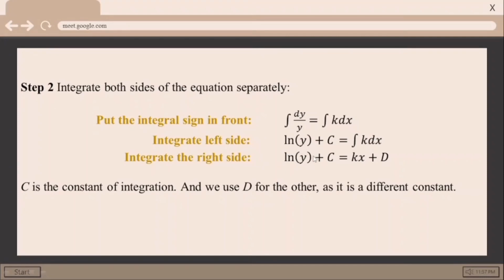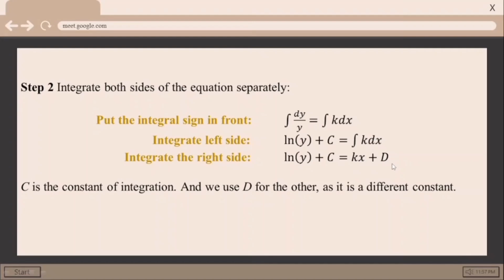Then after integration, we should not forget the plus c. And now we're going to integrate the right side, the integration of k dx, which will equate to kx plus d.